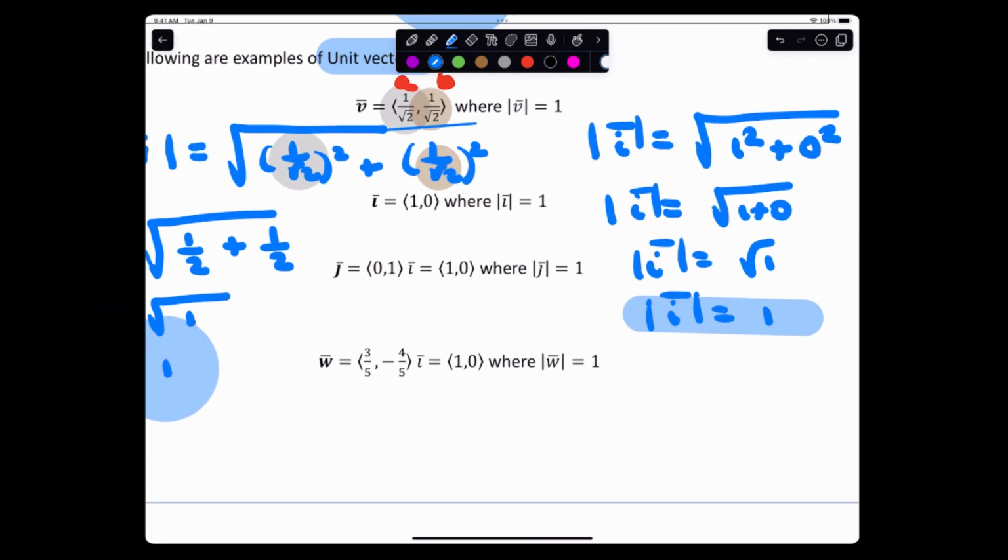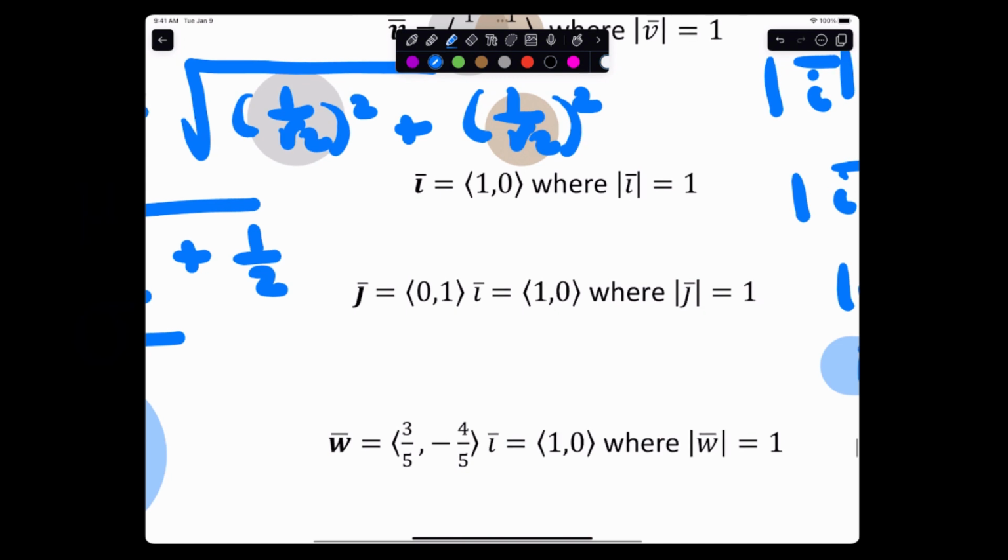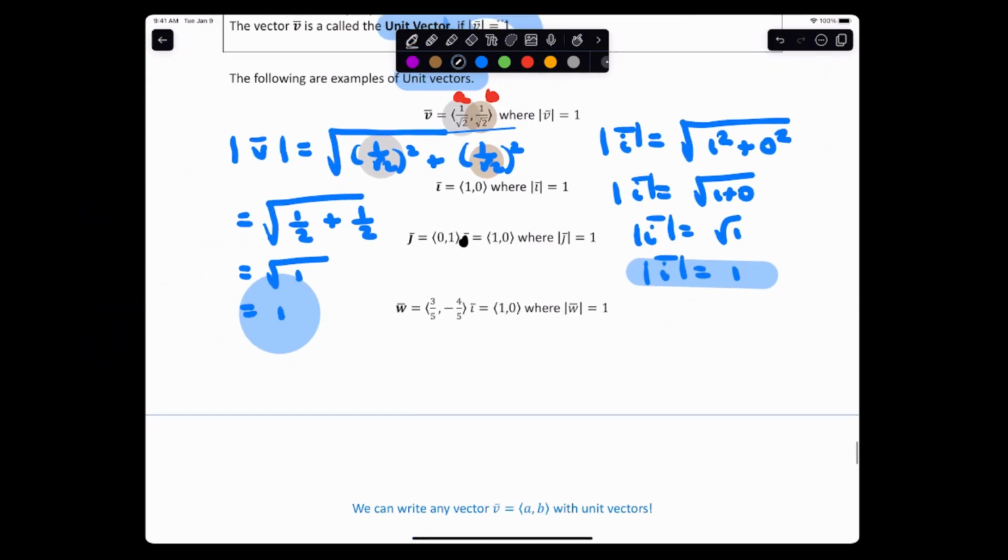We have another vector called what? What is this? J, and that's another typo. I got to fix this. Sorry, ladies and gentlemen. Can't even give me a pencil. Can you give me a pencil, please? That's J. So you say, how do I know that J vector is a unit vector?